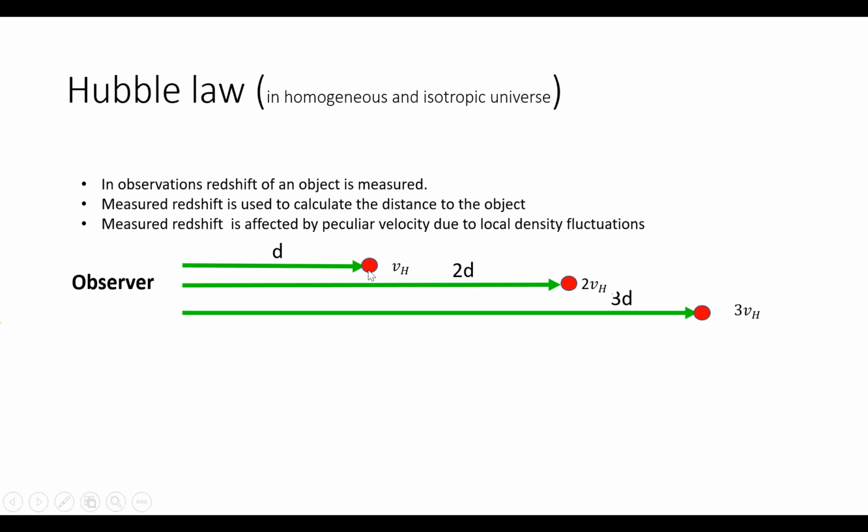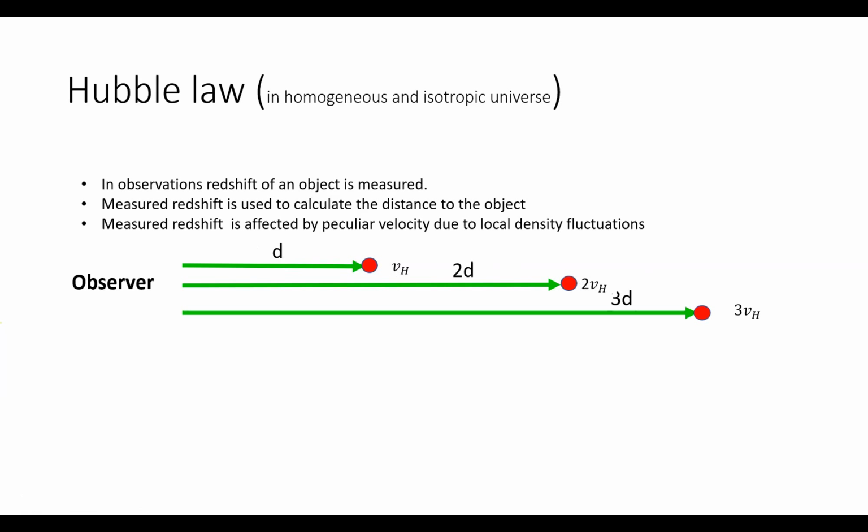If an object is at less distance, velocity will be lesser, and if it is at higher distance, the velocity will be higher. So if you have an object at distance d with velocity vh, then an object at 2d will have velocity 2vh, just double, and that is the Hubble law.